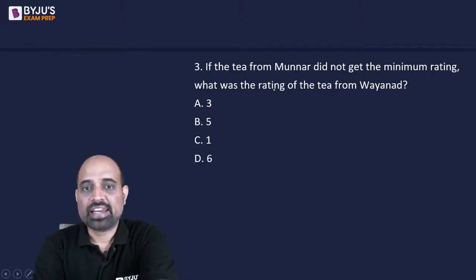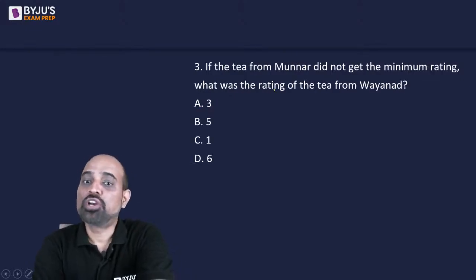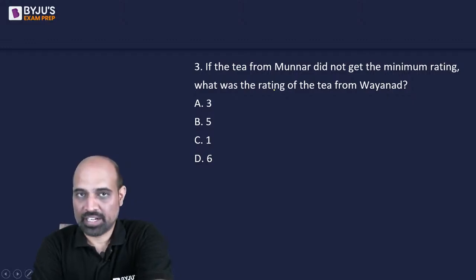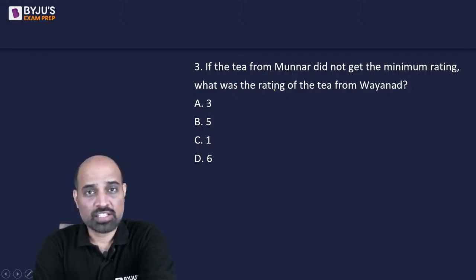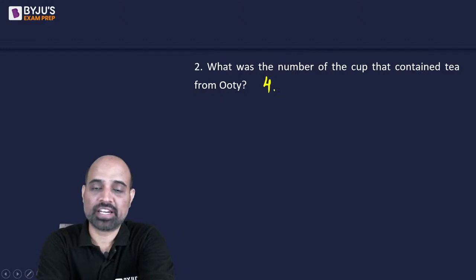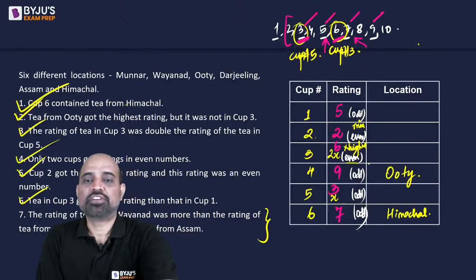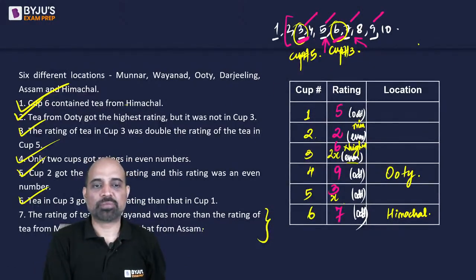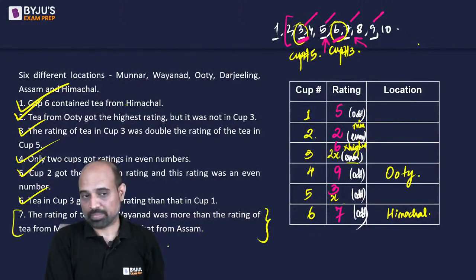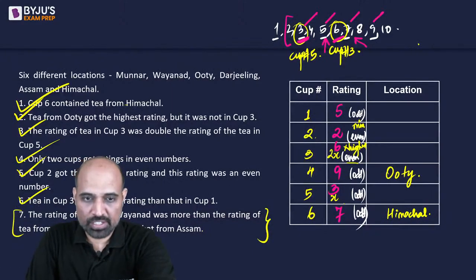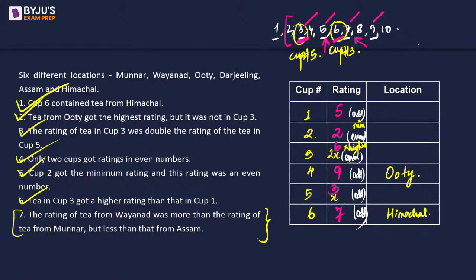Okay. Next, if the tea from Munnar did not get the minimum rating. So let's go to that. If tea from Munnar did not get the minimum rating, so if you look at the seventh statement, I'm going to hide myself again because most probably you are not able to see the seventh statement. The rating of tea from Wayanad.